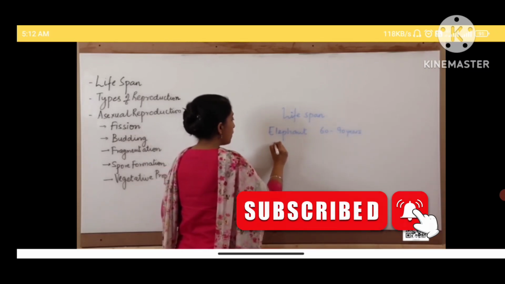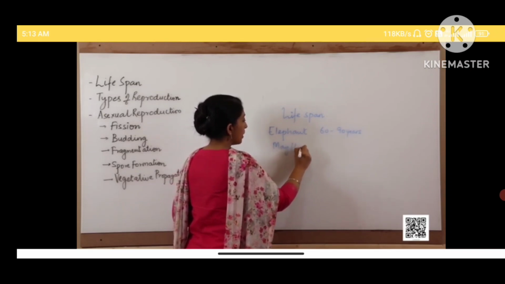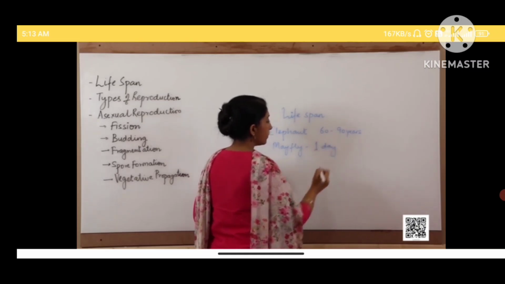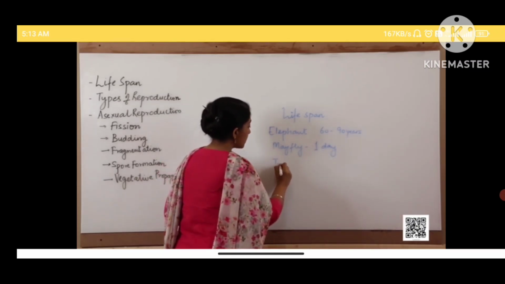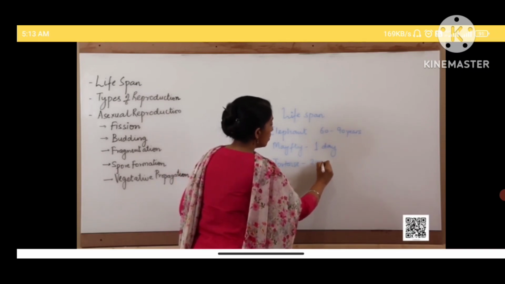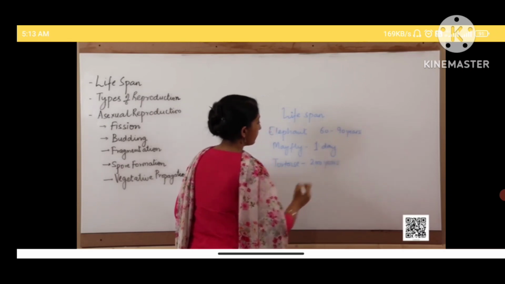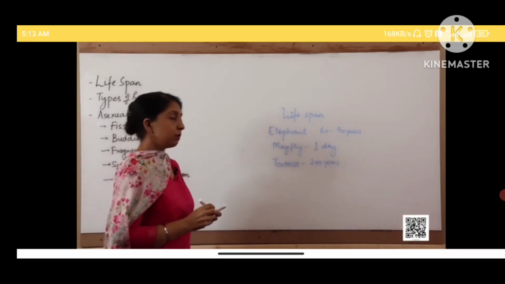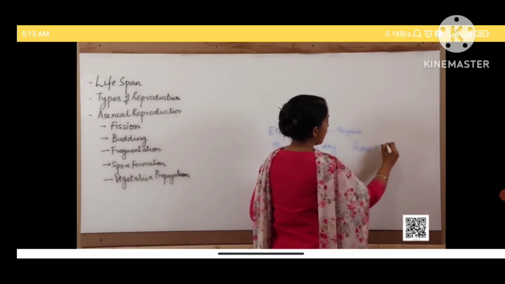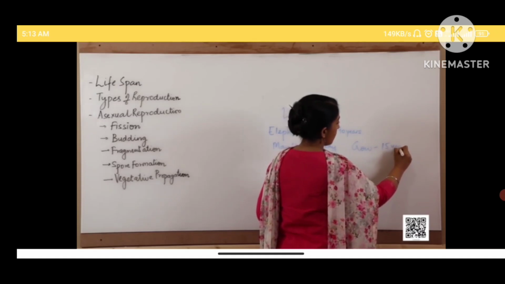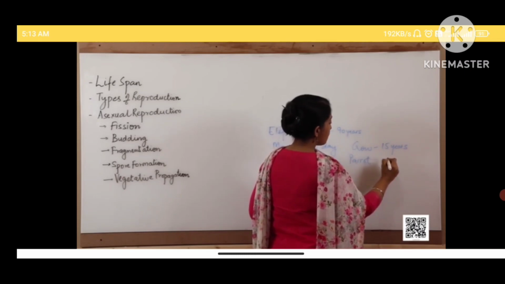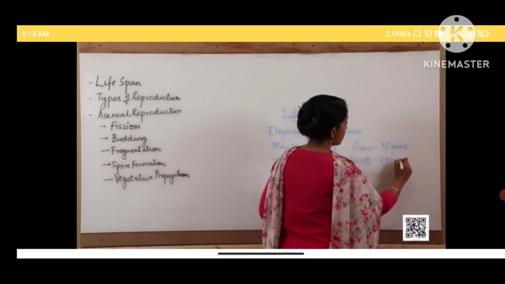That of a mayfly can be as small as 1 day. On the other hand, a tortoise can have a lifespan of about 200 years. Among the birds also, there is a lot of variation. A crow has a lifespan of about 15 years, whereas a parrot has a lifespan of about 140 years.